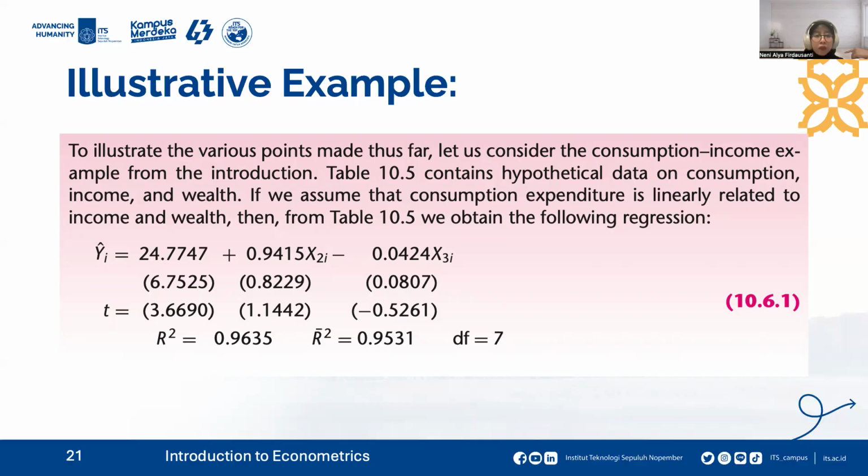You can see that the R squared is pretty high, 0.9365, almost 100%. However, if you take a look at the t-test, both variables x2 and x3 are not significant, which means there is some problem. Why is the R squared high, but none of the variables are significant?